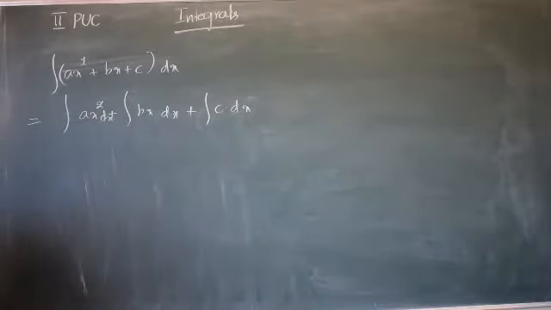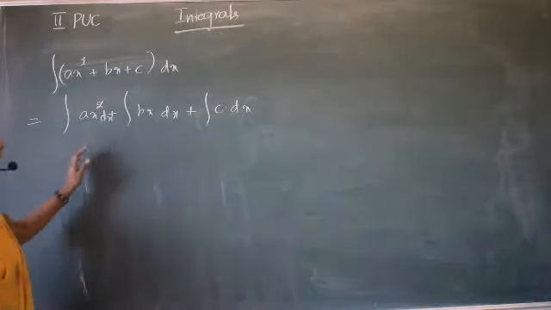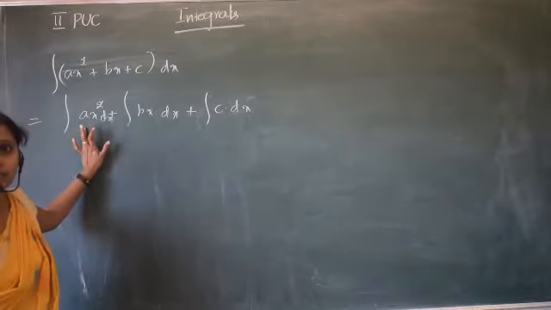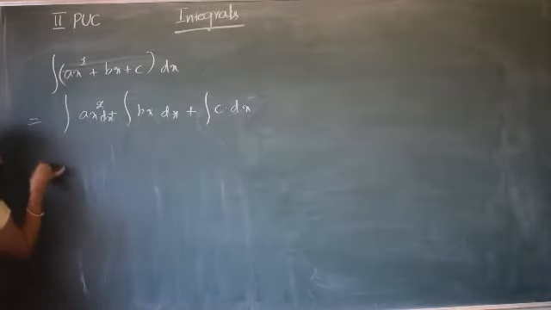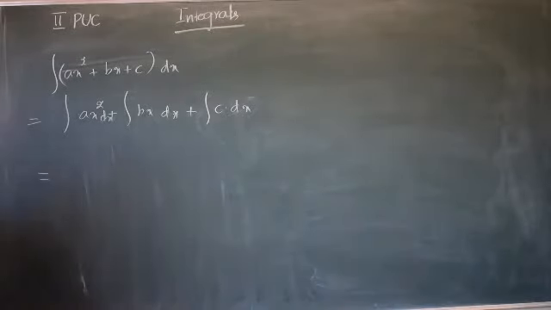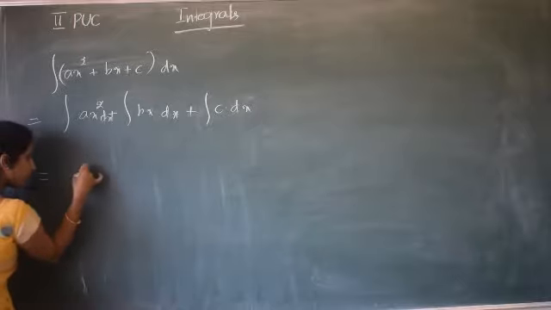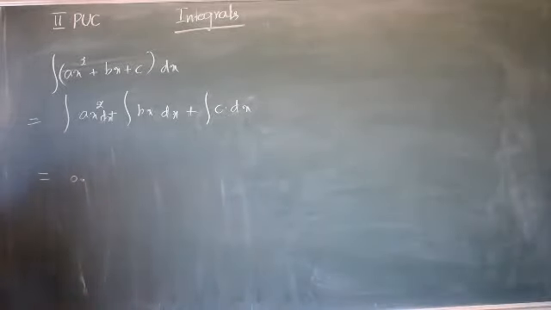Now what is the value? The integral of ax square dx. So a is a constant, so we have to write the integral of x square. We know that the integral of a constant into a function is the constant into the integral of the function. So a is a constant into the integral of x square.